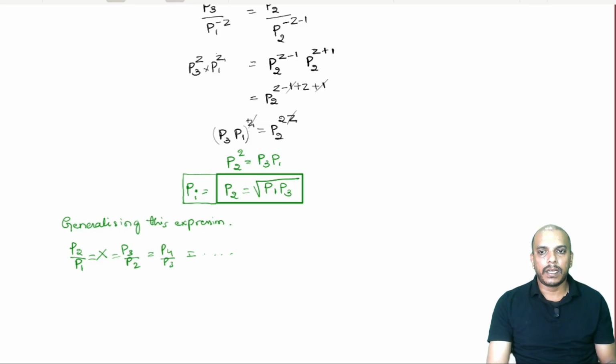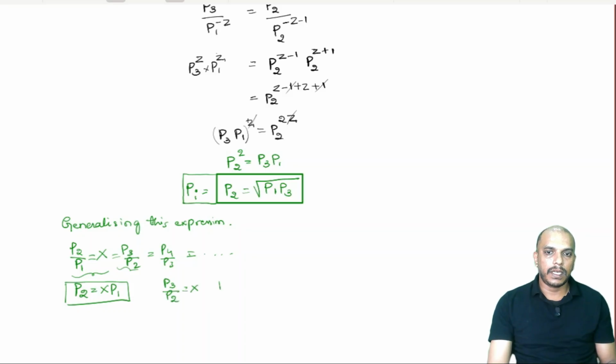Now, we can write P2 is equal to X times P1. So, from the first expression P2 is equal to X times P1. Similarly, the second part, P3 by P2 is equal to X. Now, P3 can be written as P2 times X.